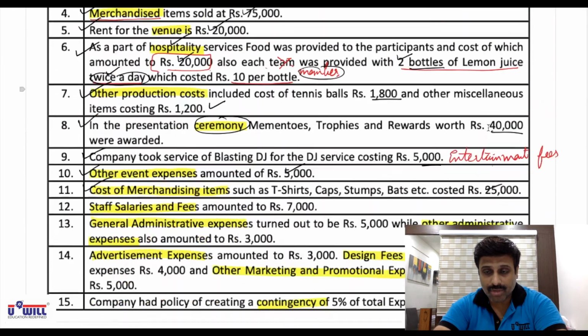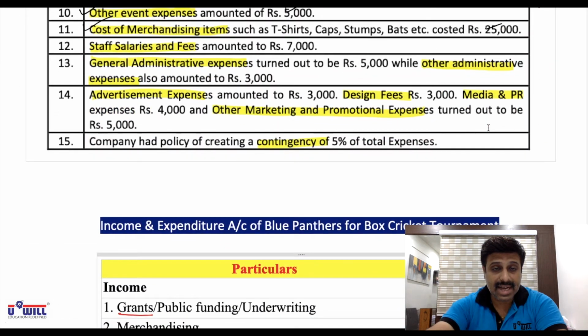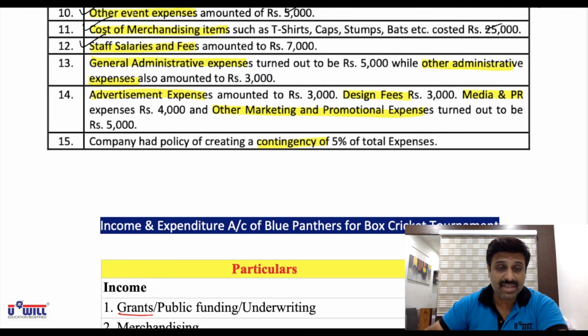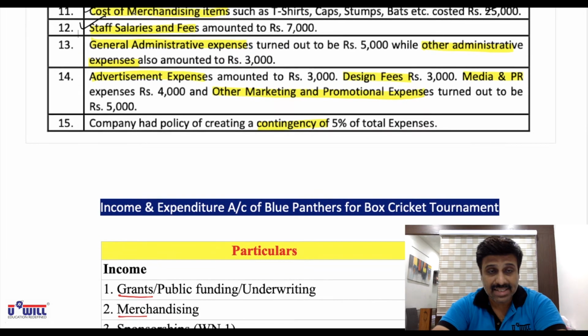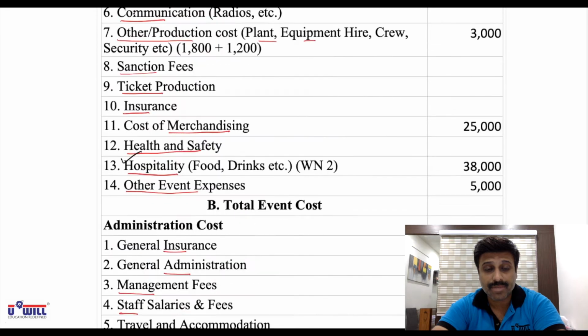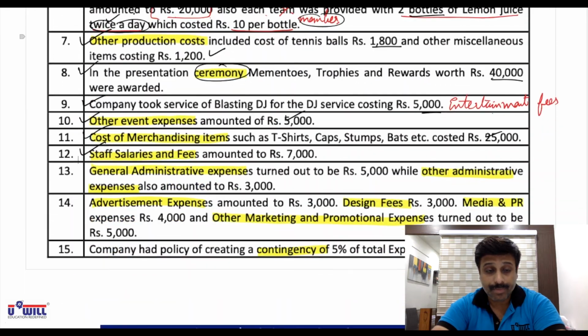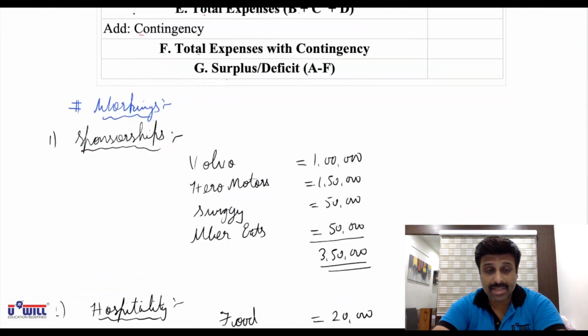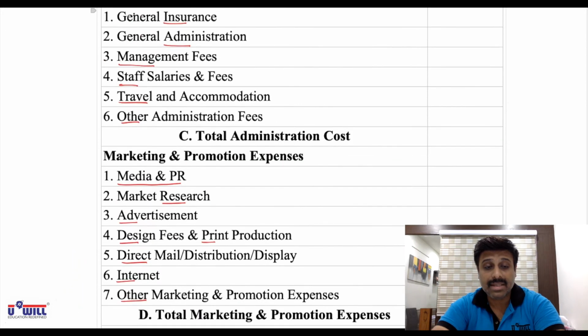Then we have staff salaries and fees amounted to 7,000. So staff salaries and fees will come in administration cost, item number 4, 7,000.